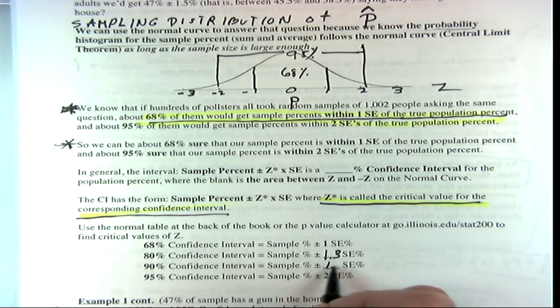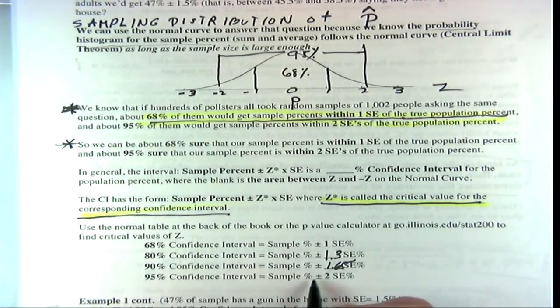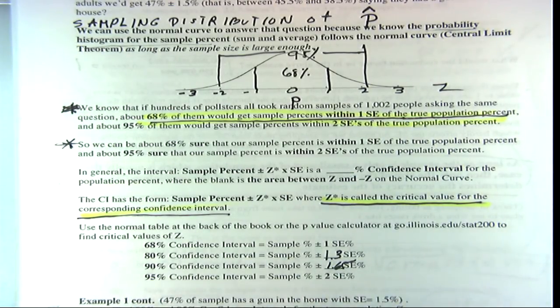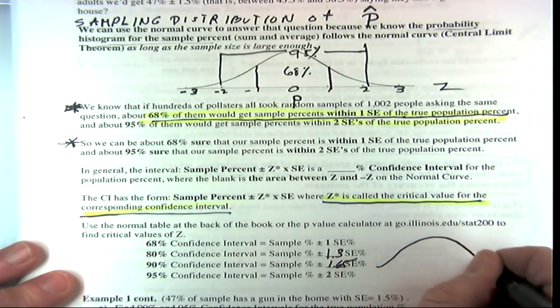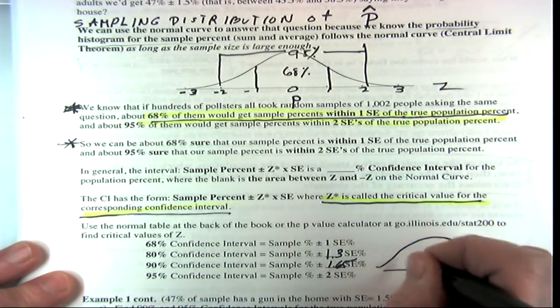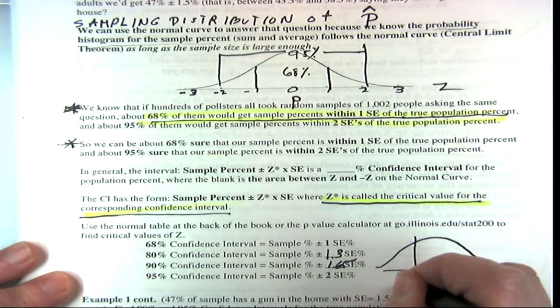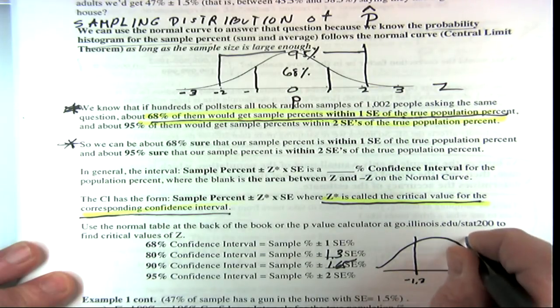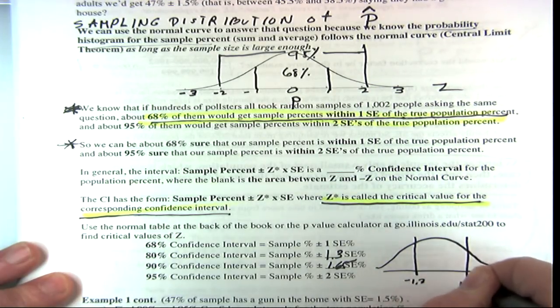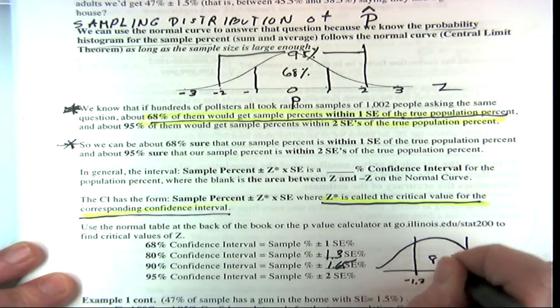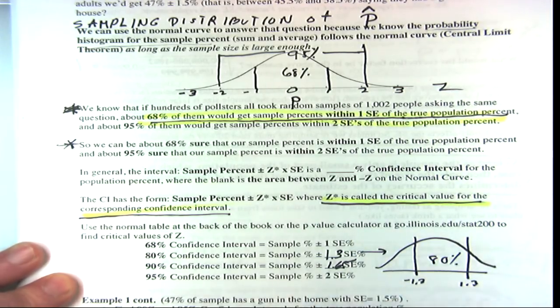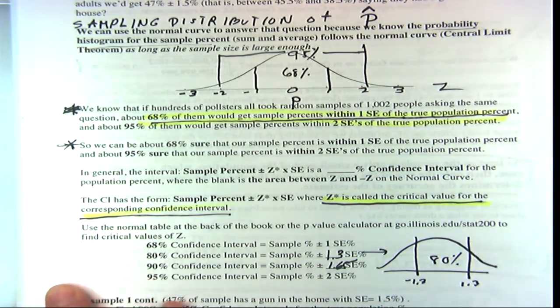And 90% was 1.65, and here was 2. Basically because on the normal curve, if you go between negative 1.3 and positive 1.3, it's 80%. So that's all we're doing.